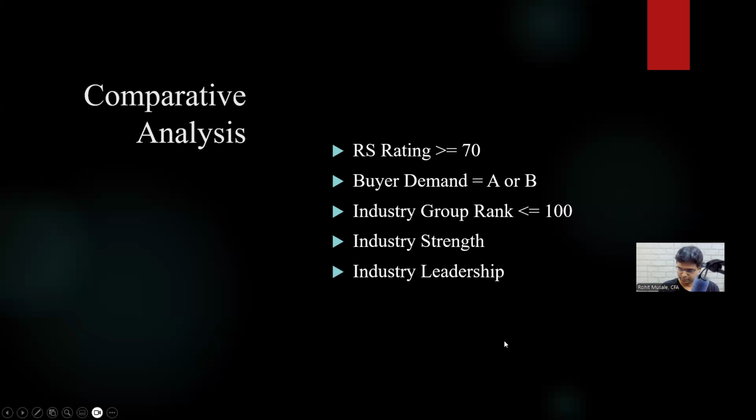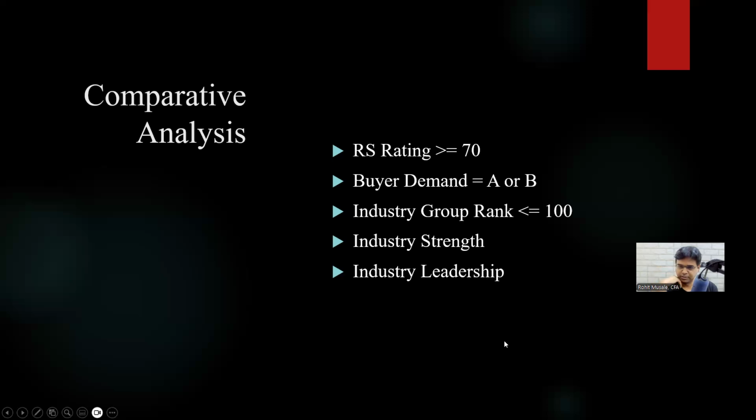It is showing higher quarterly sales growth, the highest return on equity, and higher margins compared to other stocks in the industry group. So EPS, sales, ROE, margin, and relative strength. These are the five factors to be used to determine a stock which is leading in a particular industry.